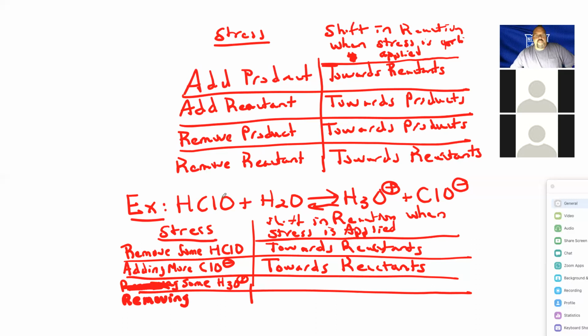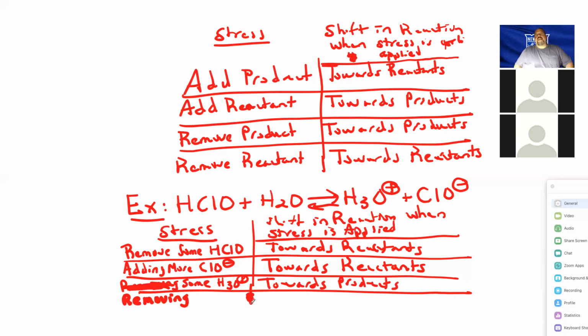So what am I doing here? I'm removing what? I'm removing product. And if I'm removing product, I have reaction equilibrium, I'm removing product, how's the reaction going to shift? It's going to shift towards the products.